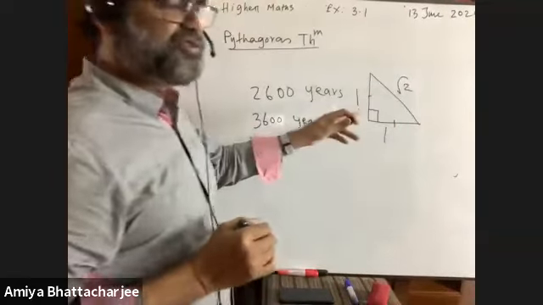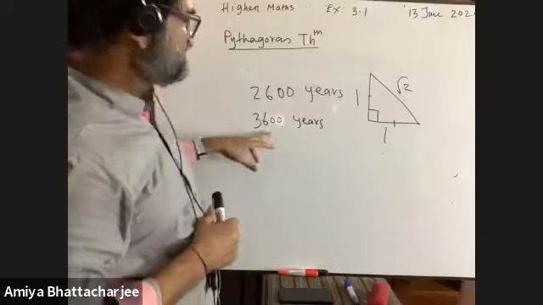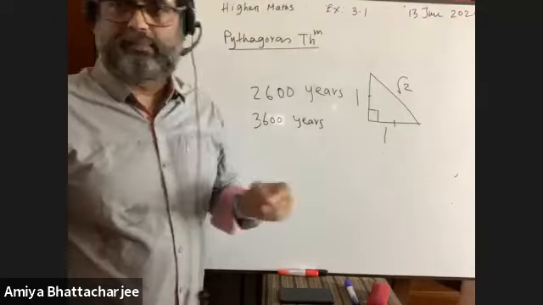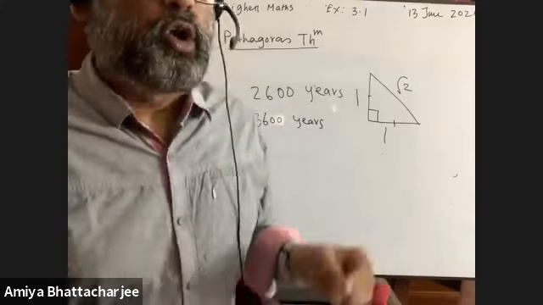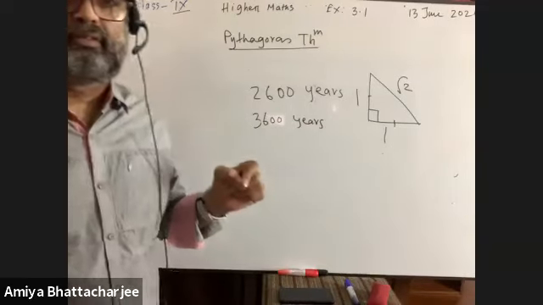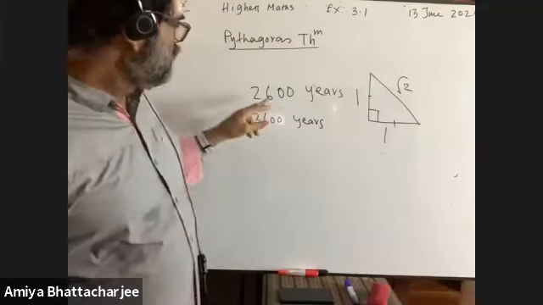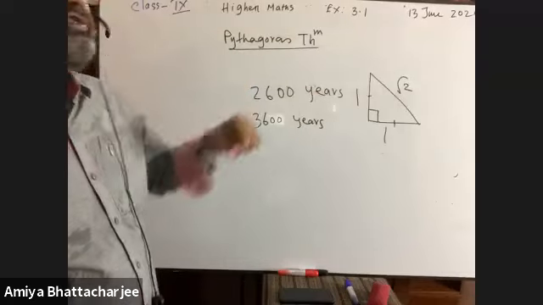It is an isosceles right angle triangle. Later on, 2,600 years back from now, Pythagoras proved this theorem.